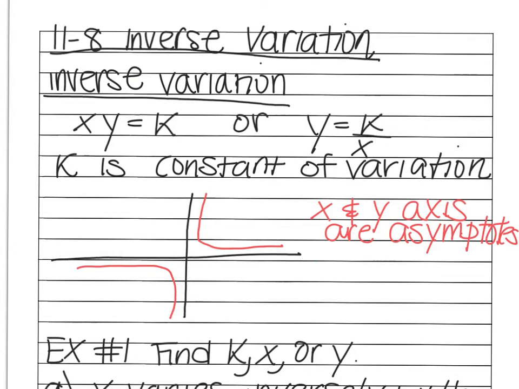So these axes are acting like the asymptotes. Sometimes asymptotes are not always on the x or y. For this book, I believe that's what we're sticking to, but they are getting more complicated as you get into higher level math, and it will shift a little bit. But what you want to know for today's lesson is that these are asymptotes.